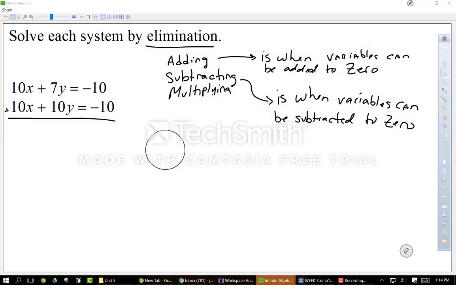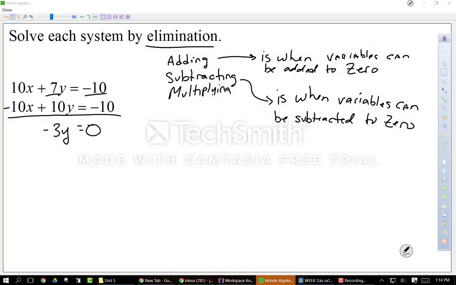So how do I do this? Well, I subtract. 10 minus 10 is now 0. That minus goes for all of the additional signs. So 7 minus 10 is negative 3y equals negative 10 minus a negative 10, which makes a 0.